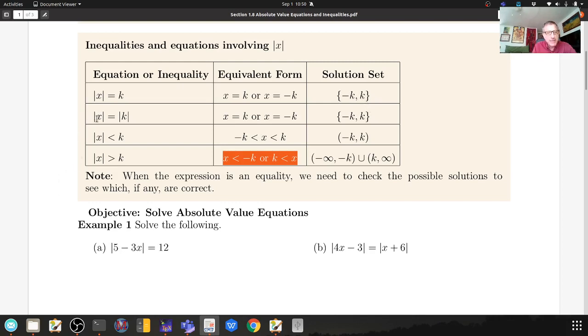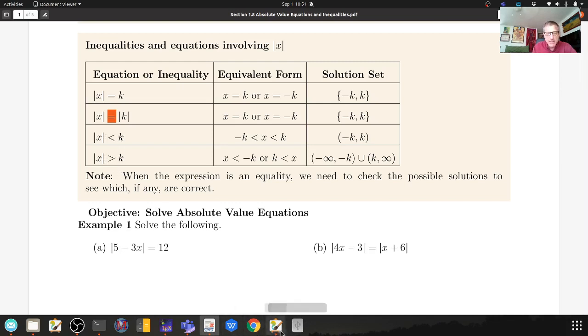If we have the absolute value of x equal to the absolute value of k, then x is equal to k, or x is equal to minus k. So really, row 1 and row 2 are really easy. Notice the difference. They're dealing with equalities because we have an equal sign there. Now in rows 3 and 4, we're dealing with inequalities.